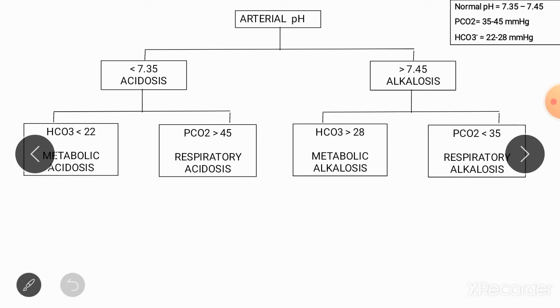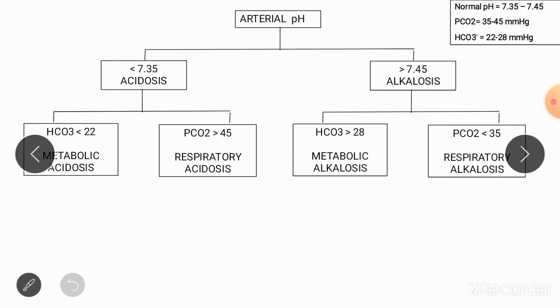And to confirm your answer, you can look at the partial pressure of carbon dioxide and you will immediately see that the partial pressure of carbon dioxide is very reduced, and you will understand that the lungs have blown off a lot of carbon dioxide due to hyperventilation, and there is very reduced partial pressure of carbon dioxide in your blood, which is not adequate enough to form enough carbonic acid.